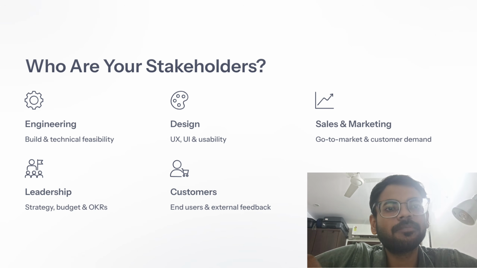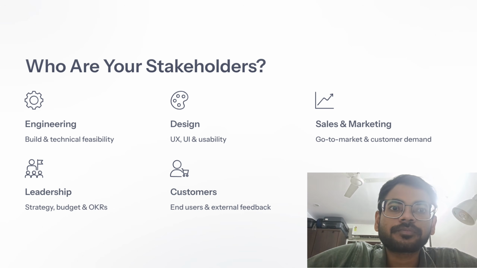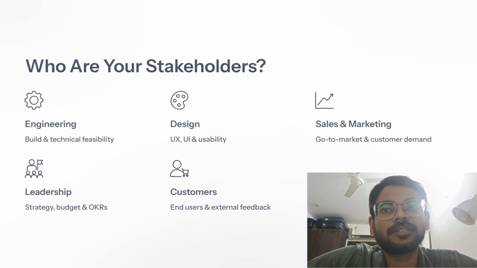The communication that a product manager does with an engineering team or an engineering person cannot be the same as the communication that a product manager does to the leadership. So let's understand how to carry out communication with these different stakeholders.